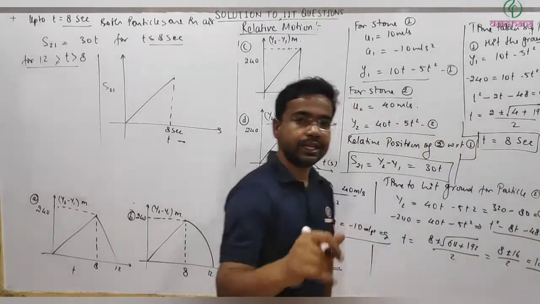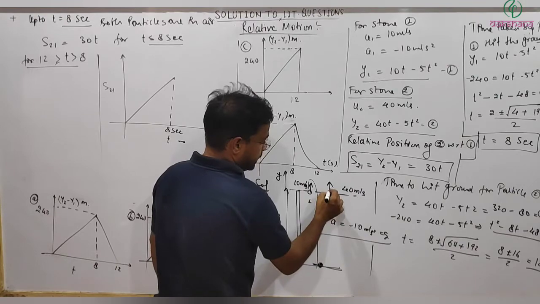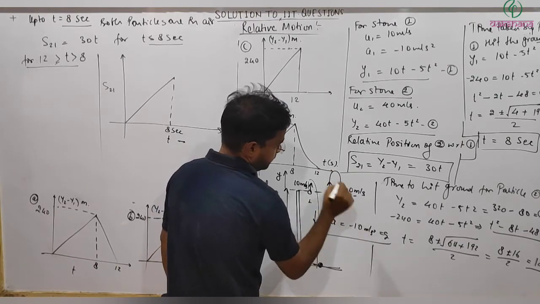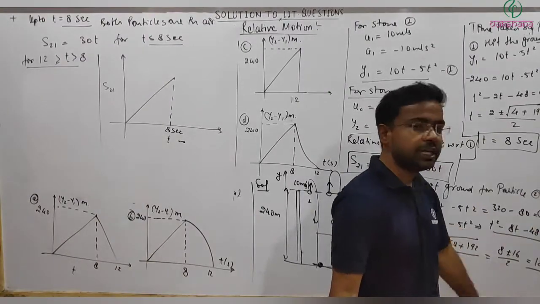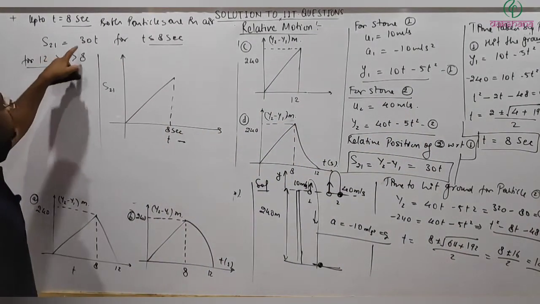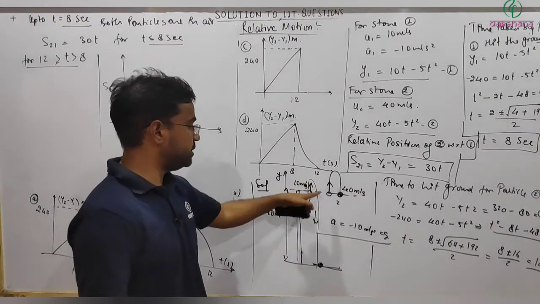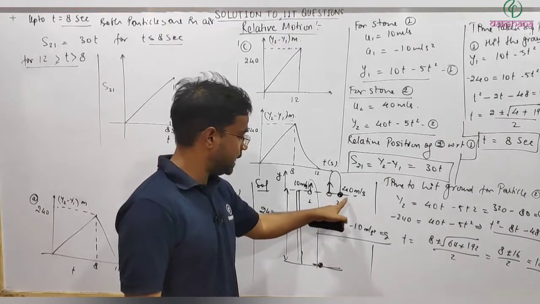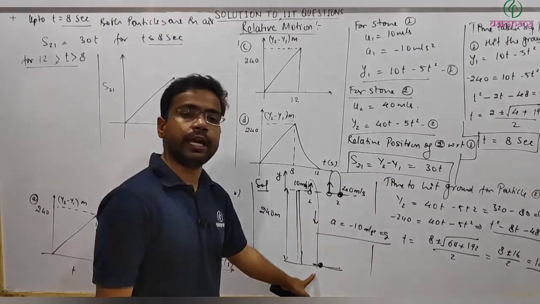So at t equal to 8 seconds the separation between them will be 240, means particle 2 will be here, it has come down here, and particle 1 has already landed on the ground.